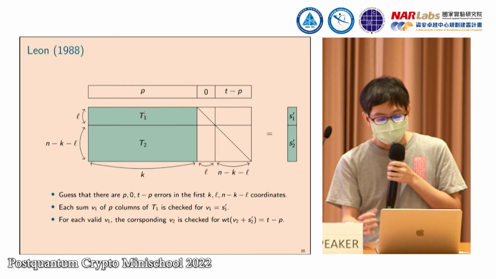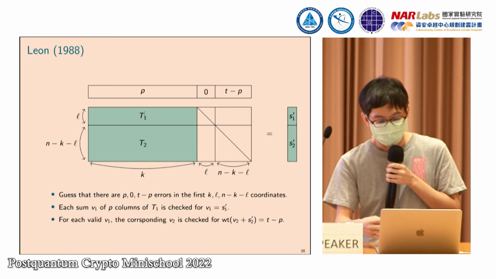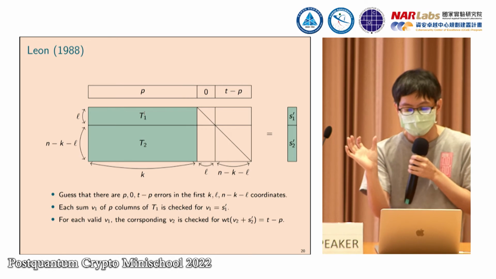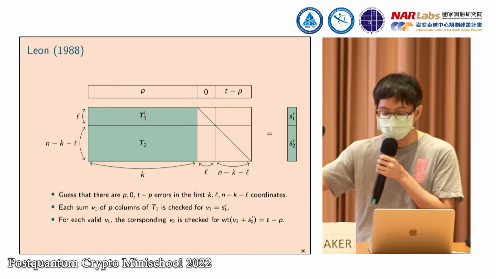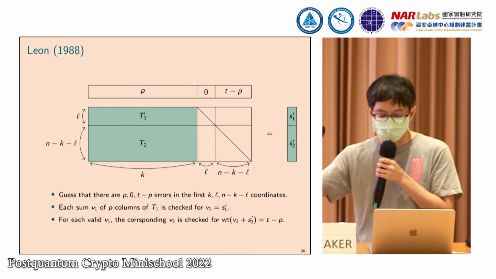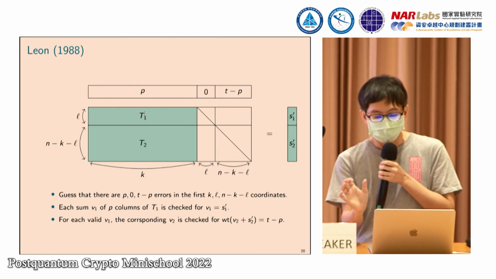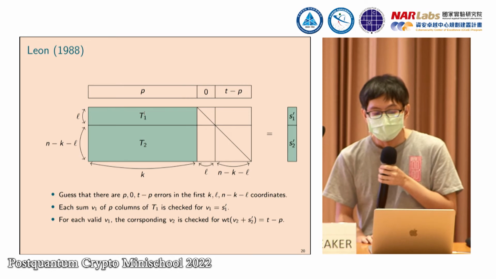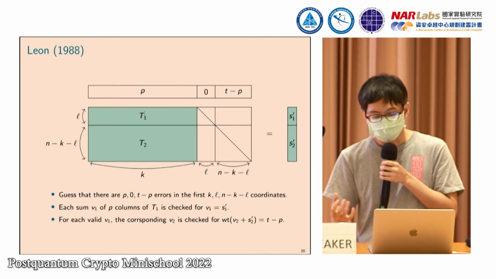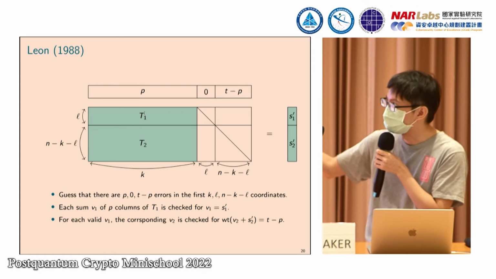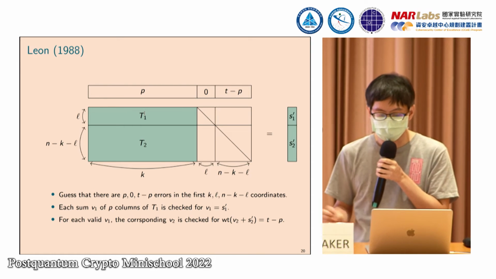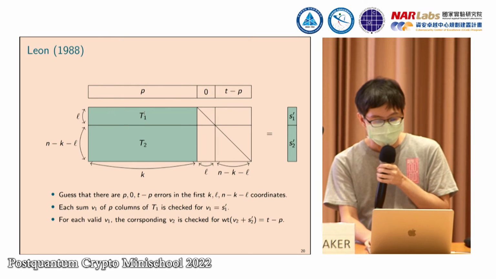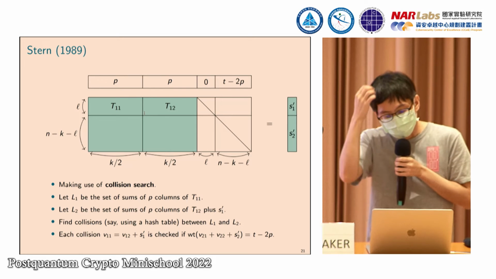And then once you have such a solution, you check the second row block by checking whether the corresponding sum of columns of this matrix T2, let's call this sum V2, and then you check whether V2 plus S2 prime has weight t minus p. If you have weight t minus p, then you also find the part for the last n minus k minus l entries.